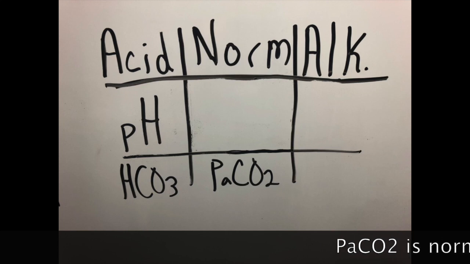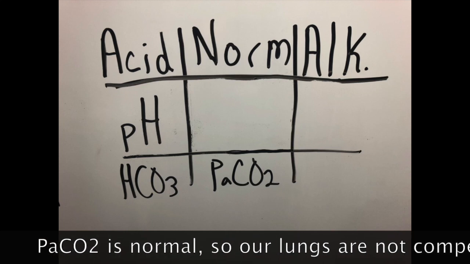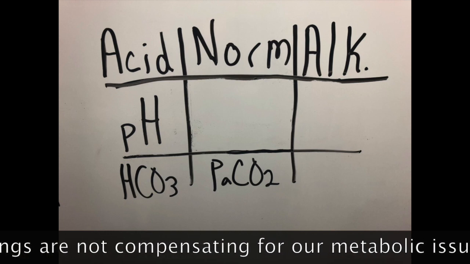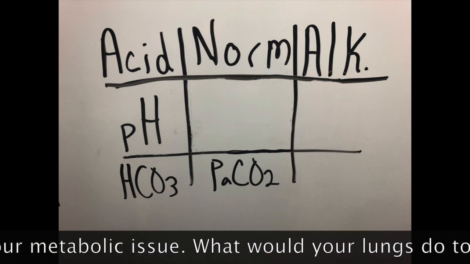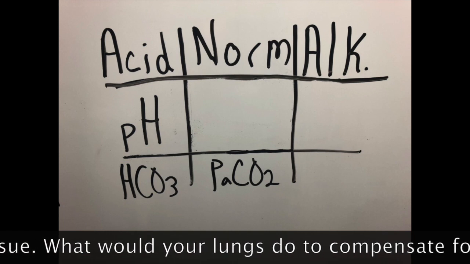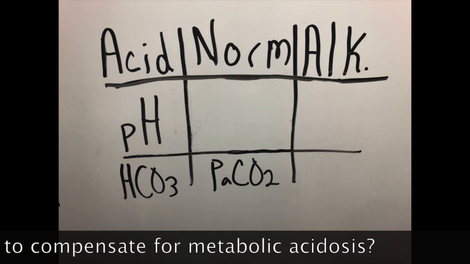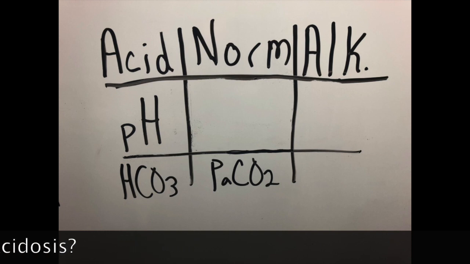Once we know that it's metabolic acidosis, the last thing we're going to do is look at our PaCO2 and see what our lungs think about the fact that we're in metabolic acidosis. So if our PaCO2 is normal, like it is right here, then we're in metabolic acidosis with no compensation, because our lungs aren't doing anything to compensate.